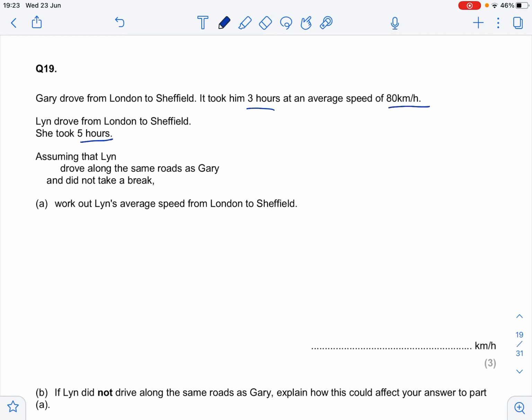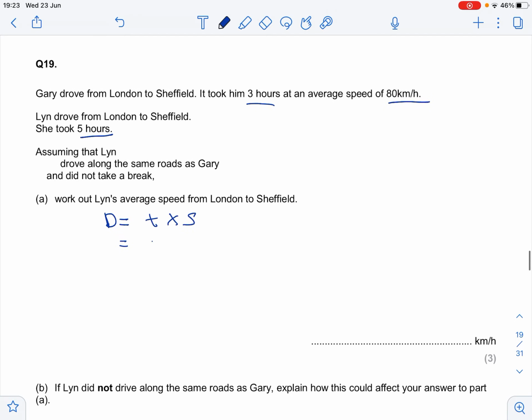So firstly, we can find out the total distance from London to Sheffield. So remember, distance is equal to time multiplied by speed. So the total distance is 240 kilometers from London to Sheffield.